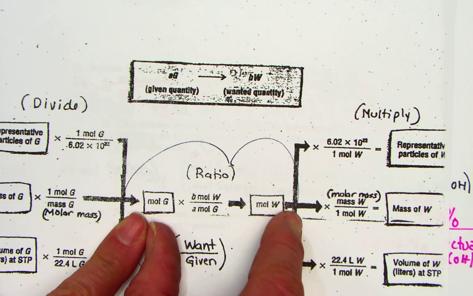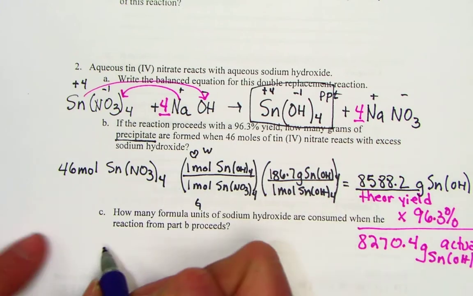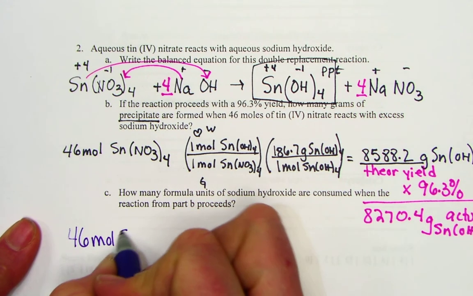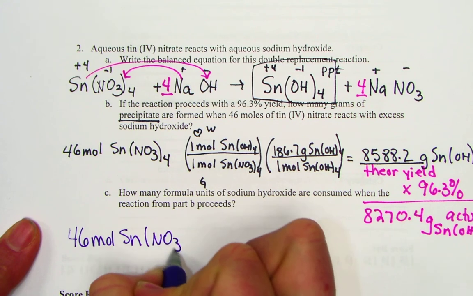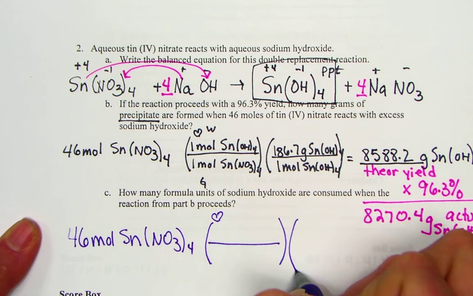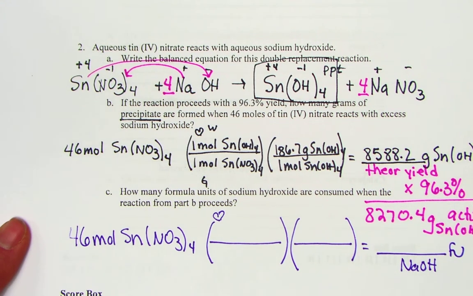We'll divide want over given, and then we'll multiply to head out, starting with the 46 moles of the first reactant, tin 4 nitrate. We will go through the heart of the problem and end up with formula units of NaOH, our second reactant.